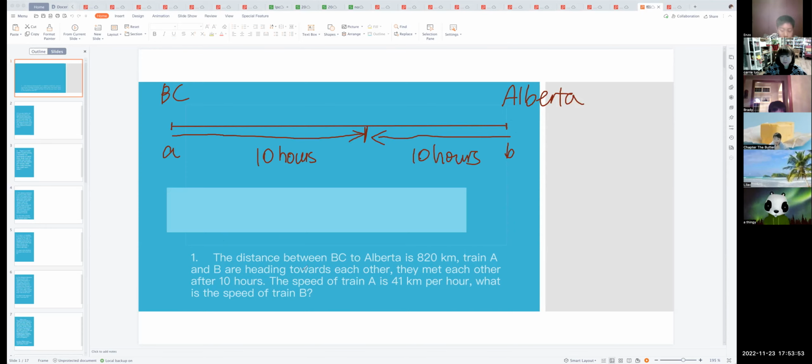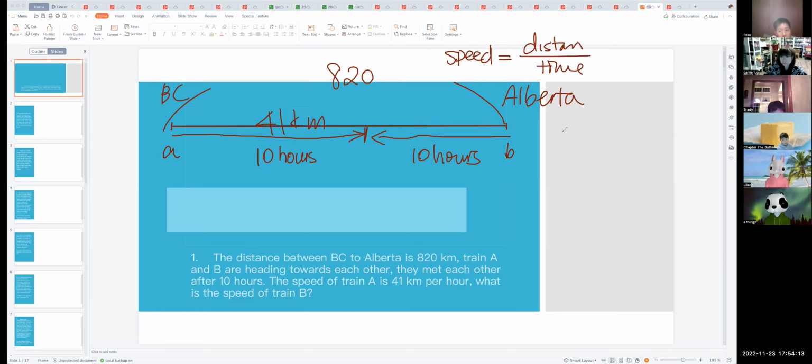The speed of train A is 41 kilometers per hour. And what is the speed of train B? Take a look at this one. How do we do this? Speed equals distance divided by time, and of course distance equals speed times time.